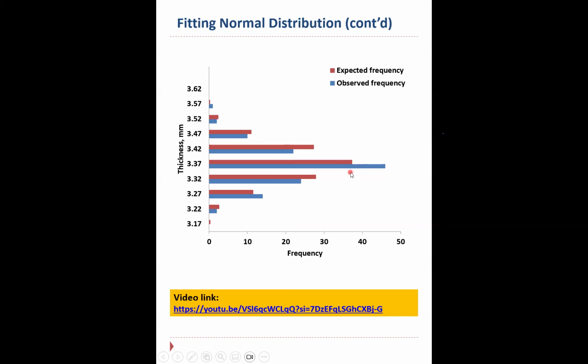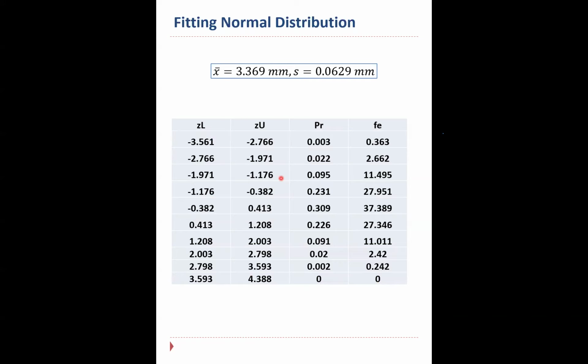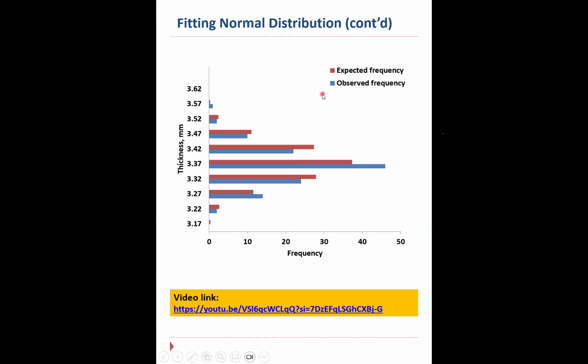So there are hypothesis testing methods and methodology which help us to say with how much confidence we can say that this data can be modeled as a normal distribution about this mean value and the standard deviation.